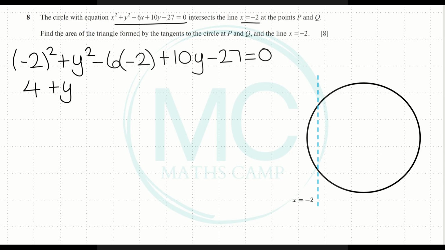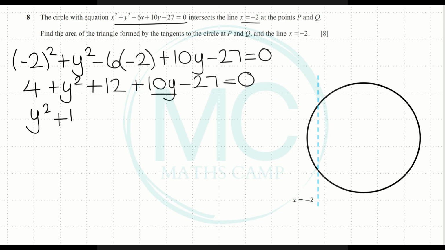Negative 6 multiplied by negative 2 gives us positive 12 plus 10y minus 27 is equal to 0. Now we have a quadratic. So let's tidy this up. We have y squared. We have one y term, so plus 10y. 4 plus 12 is 16, minus 27 gives us negative 11, and this is equal to 0.